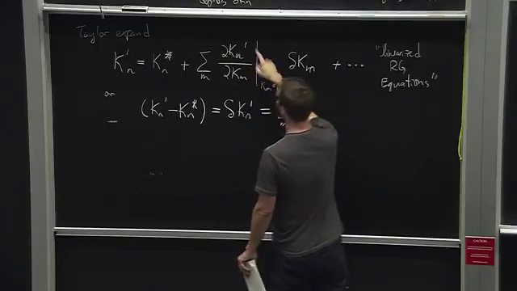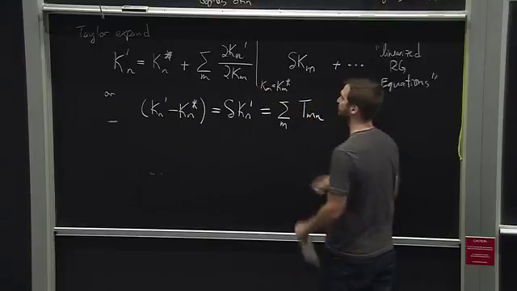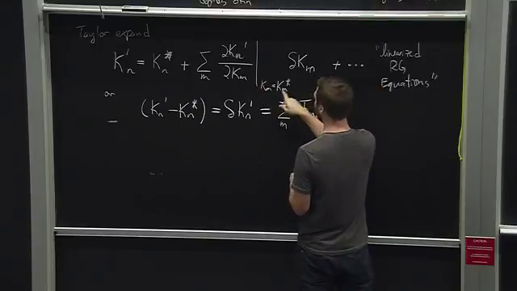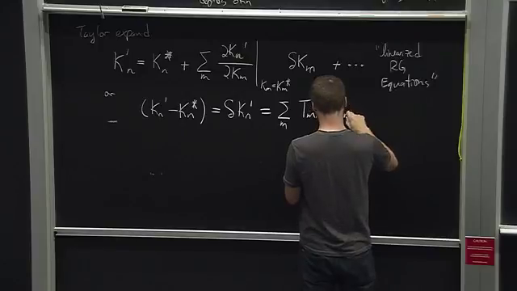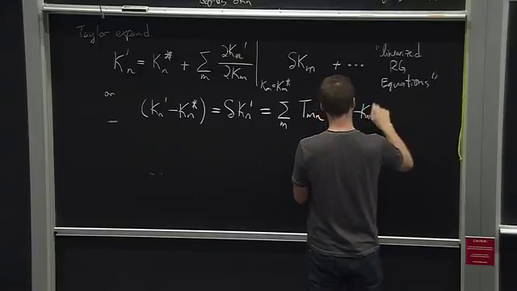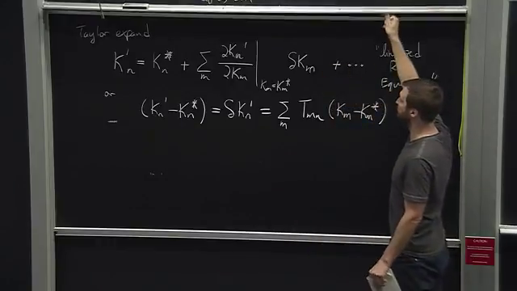And let me define this matrix element as just Tmn, evaluated at the fixed point. And I've just written out delta Kn.